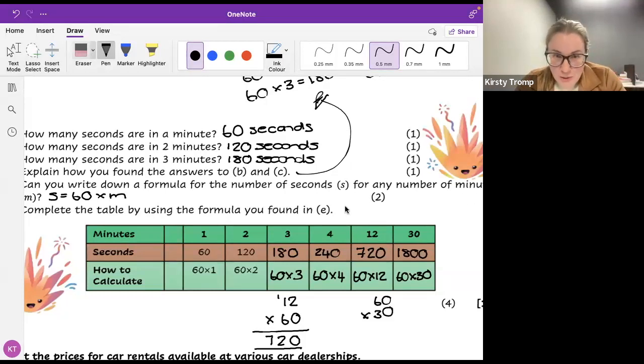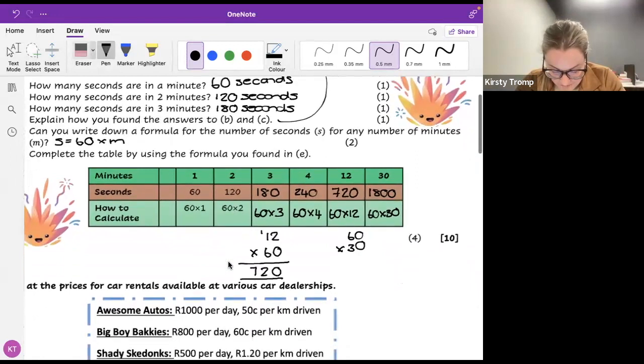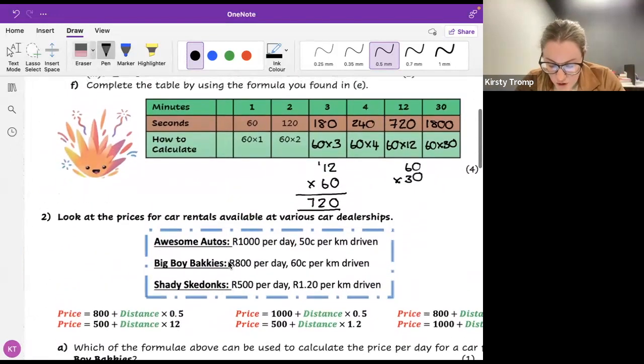Okay, guys, so hopefully you have all managed to fill in that table. Let's have a look at our next section. It says, look at the price of car rentals available at various dealerships. Awesome Autos has 1,000 Rand per day with 50 cents per kilometer driven.